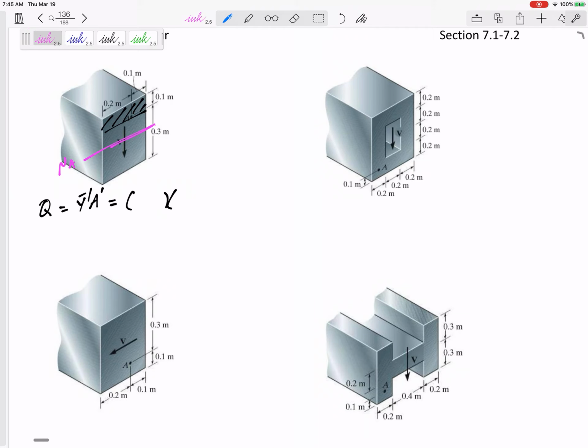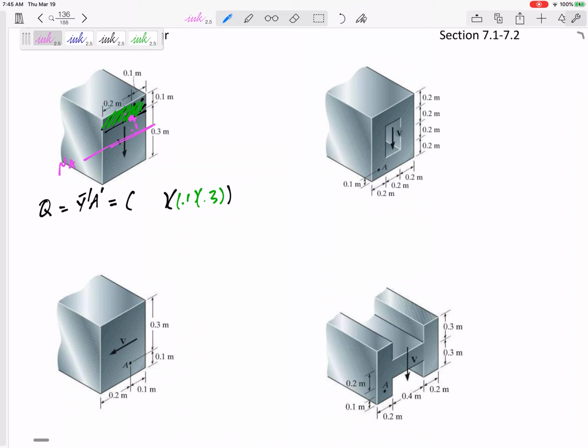Okay, so I'll do this in green. That green area, A prime, would be 0.1 by 0.3. All right, and now my Y bar prime would be, if I'm interested in that point right there, I would need to go 0.1 just to get to the point, but then I need to go past it to the centroid right here.